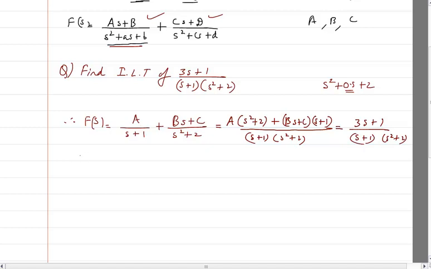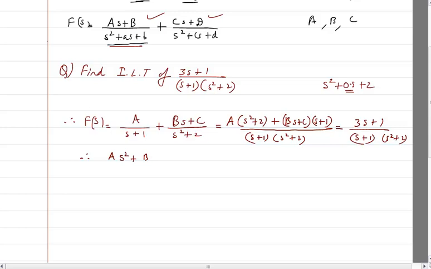Now comparing coefficients, no, first we have to write it. Therefore I will write the square terms, which is A s square, then the power of s, which will be B.